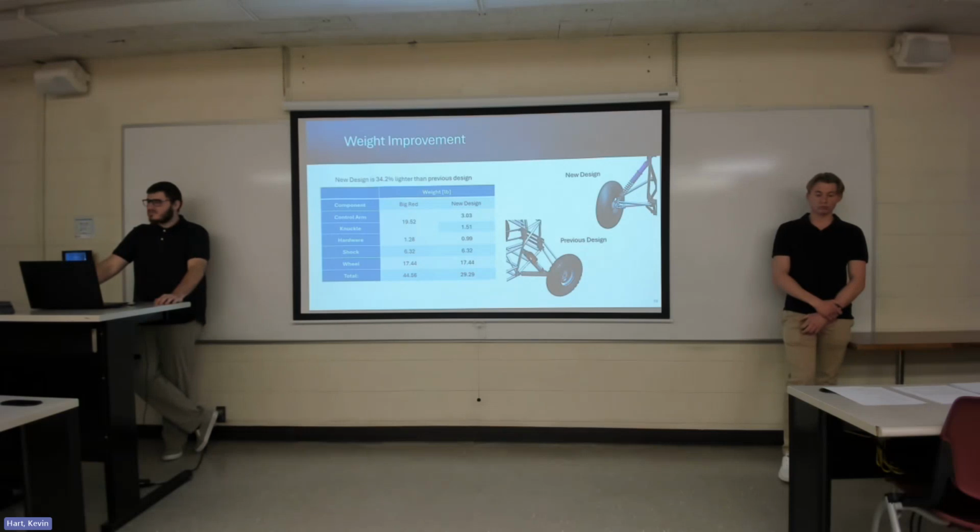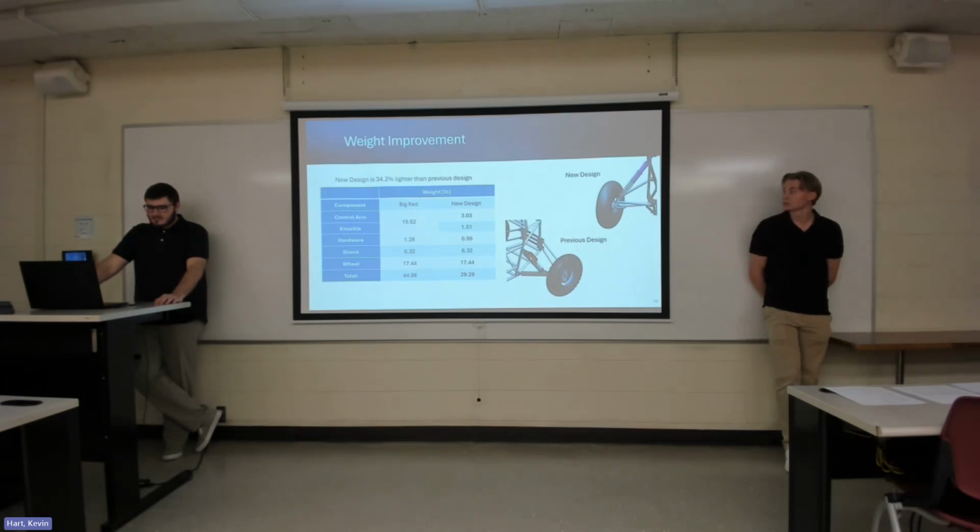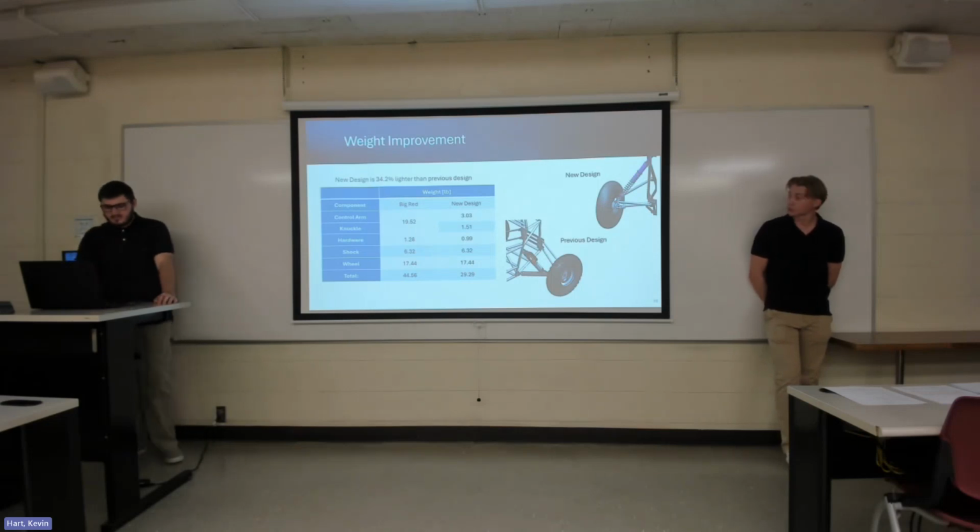So we saved a lot there, and also a little bit with the hardware, which makes the overall design 34.2% lighter than the previous design. This will help a lot by reducing the unsprung mass of the system, and as the car goes over bumps, it will send less reaction forces into the chassis as the wheel goes over bumps.